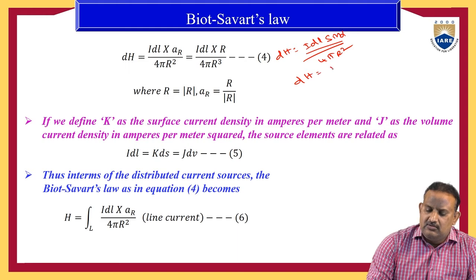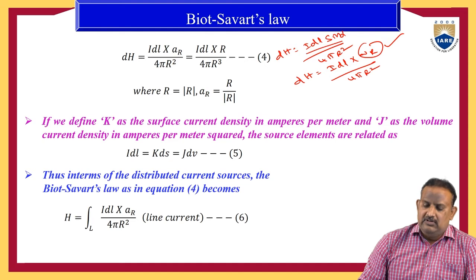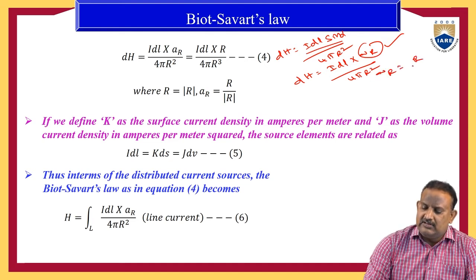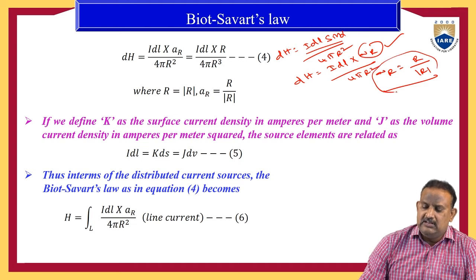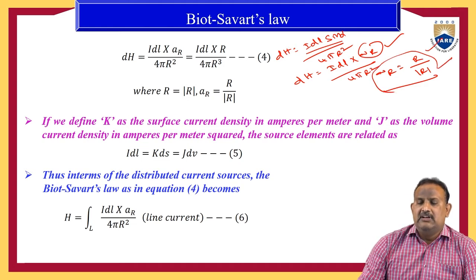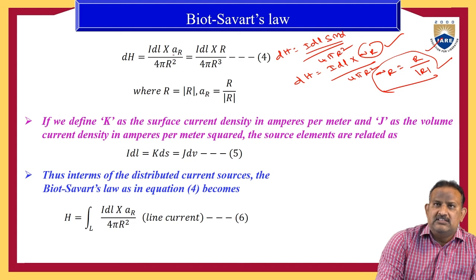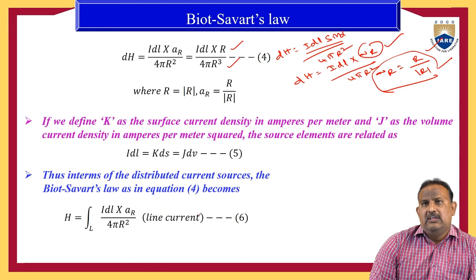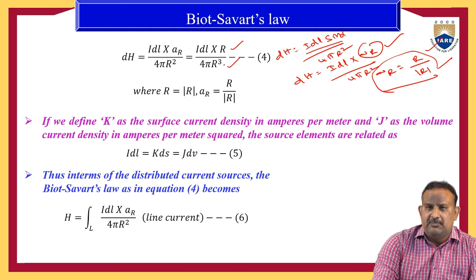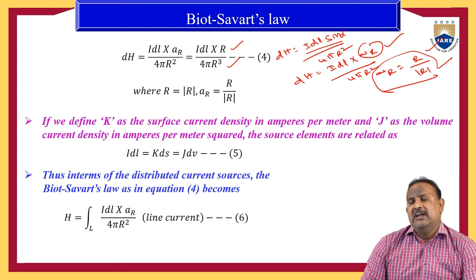Therefore, dH is equal to Idl cross aR by 4 pi r square, where aR is the unit vector along the r direction, where aR can be expressed as aR equal to vector r by modulus of r. Substituting r by mod r in place of aR, the equation becomes Idl cross r by 4 pi r cube, where r in the denominator is the modulus of r, or the modulus of the distance between the point P and the current element.